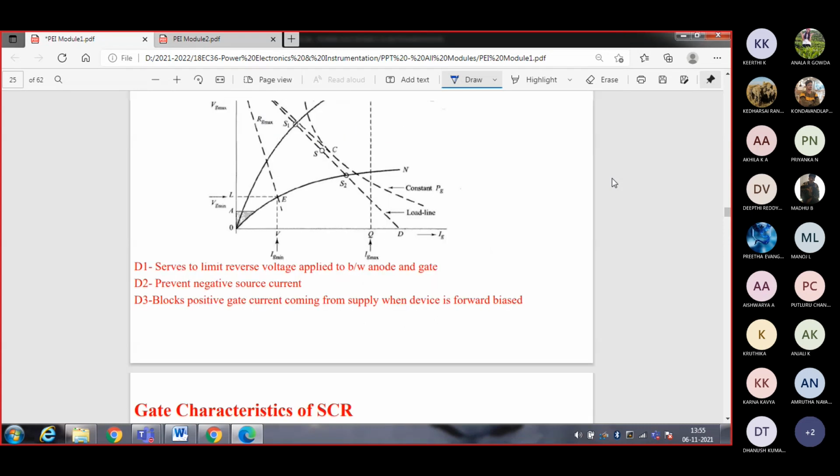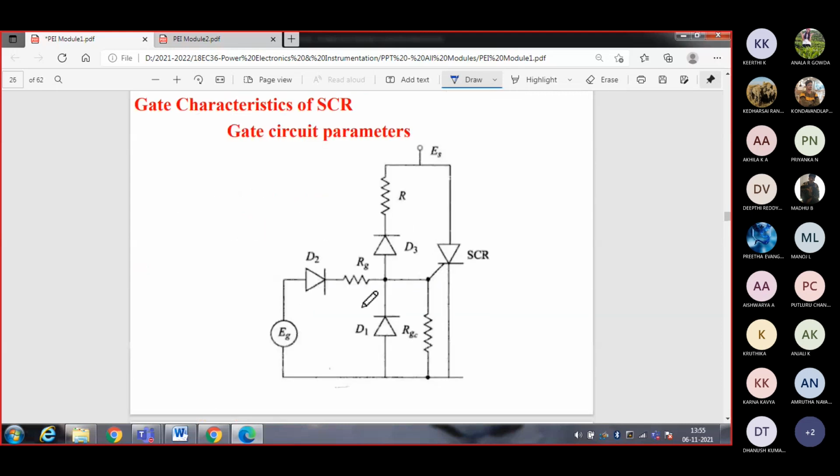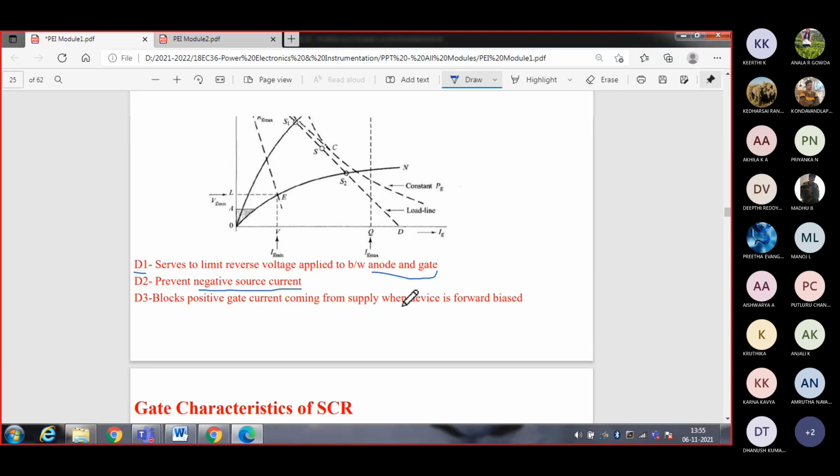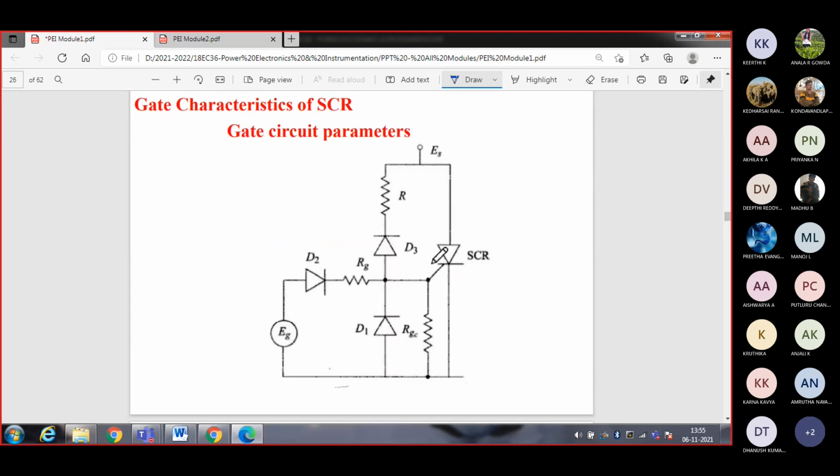I've already explained this. D1 serves to limit the reverse voltage applied between anode and gate. Similarly, D2 prevents the negative source current. See here, this is D2. D1 is between the anode and the gate.